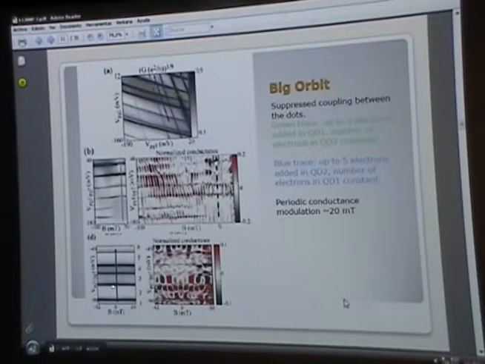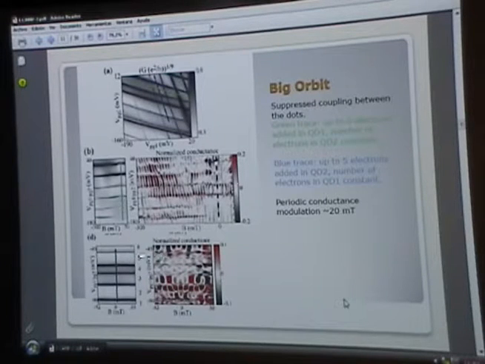These two figures correspond to the traces, green and blue. In the green trace, we have up to 6 electrons, which are added one by one, while the number of electrons in quantum dot 2 is constant, and the other way around for the blue trace.